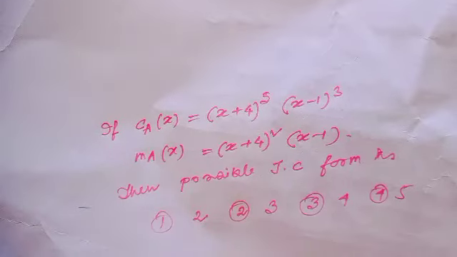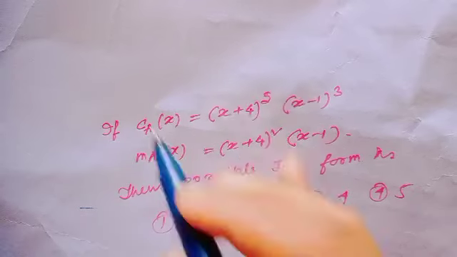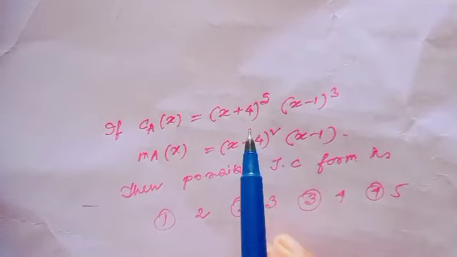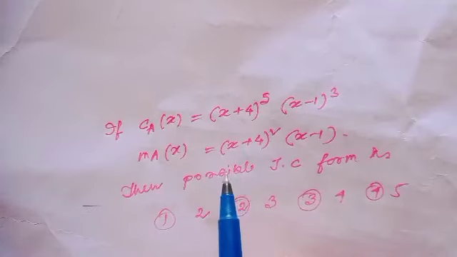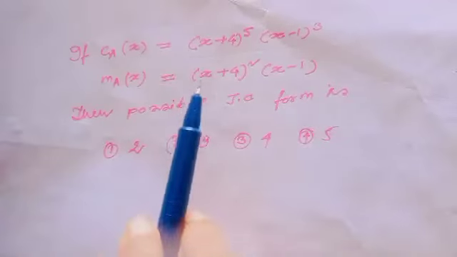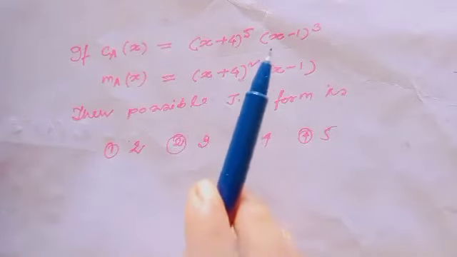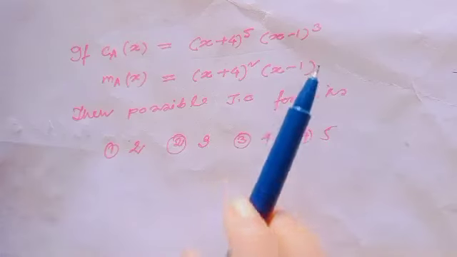Here is a very interesting thing: I will solve this by the partition method. By the partition method, we can easily tell how many Jordan blocks are possible for this matrix with this characteristic polynomial and minimal polynomial. Notice the characteristic polynomial is (x plus 4) to the power 5 times (x minus 1) whole cube.